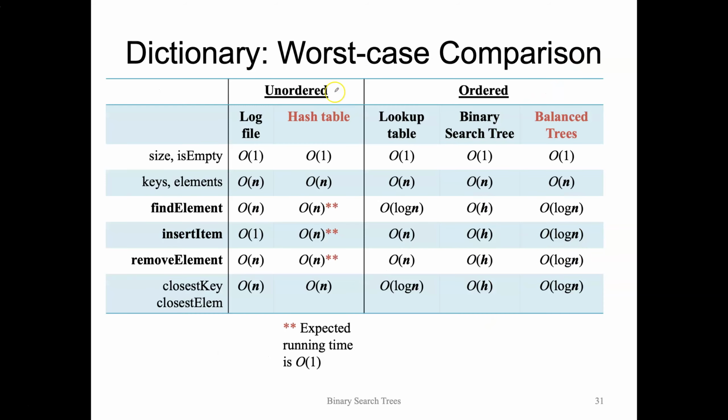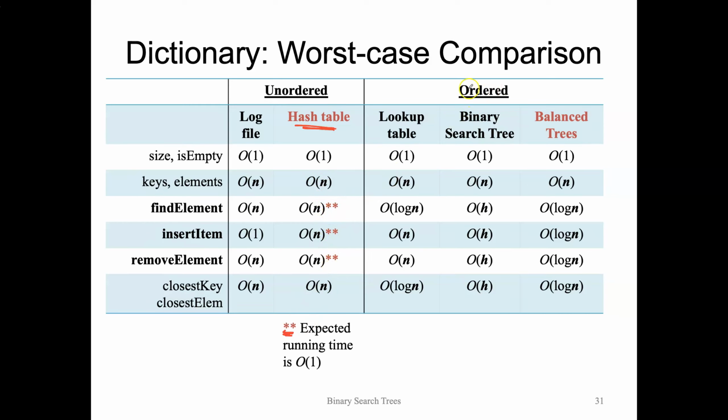So let's compare this to what we've seen before. So with unordered dictionaries, we don't have an order associated with our keys. So a hash table was the most efficient implementation. Still, the worst case running time was linear, but we could say that the expected running time was constant. So refer back to the other videos on that.